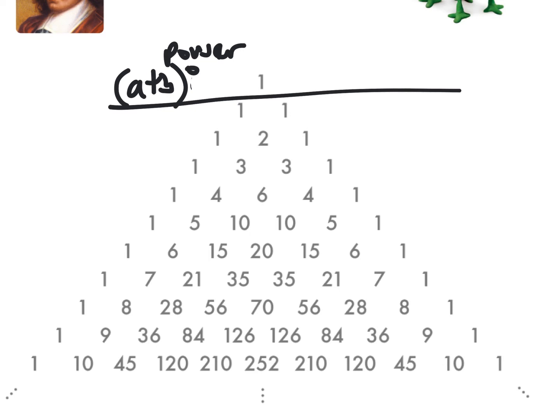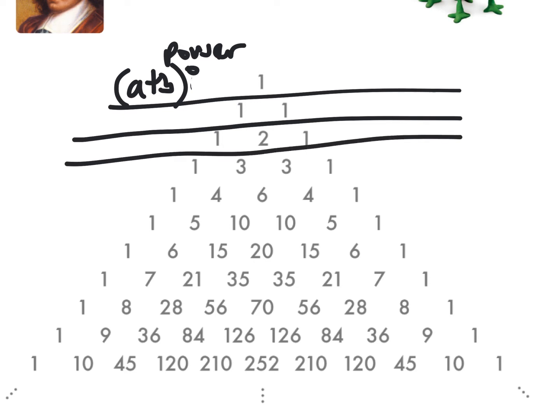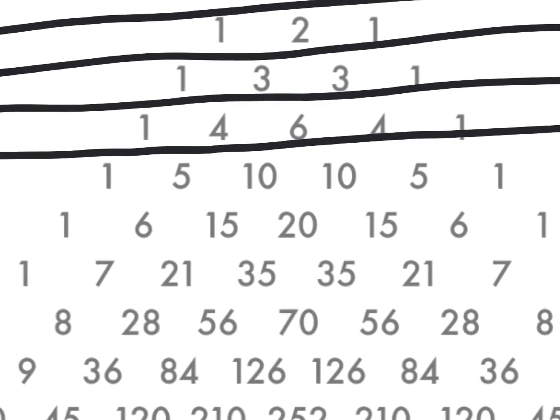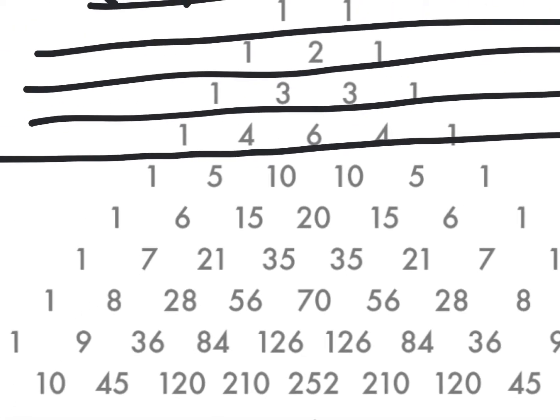If this had been to the first power, it would have been there. Second power would be there. Third power would be there. I'm going to go to the 4th power row. Everybody go to this one and do the same thing I just did and go a plus b to the 4th. And now, if you like patterns, this day is for you.